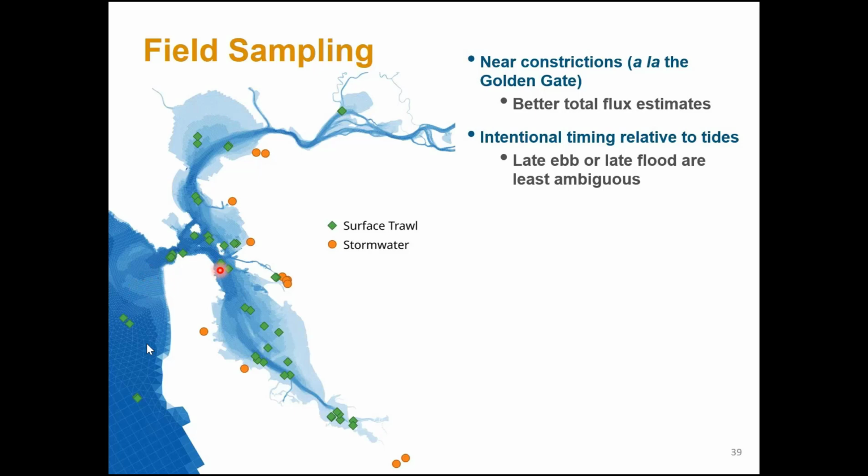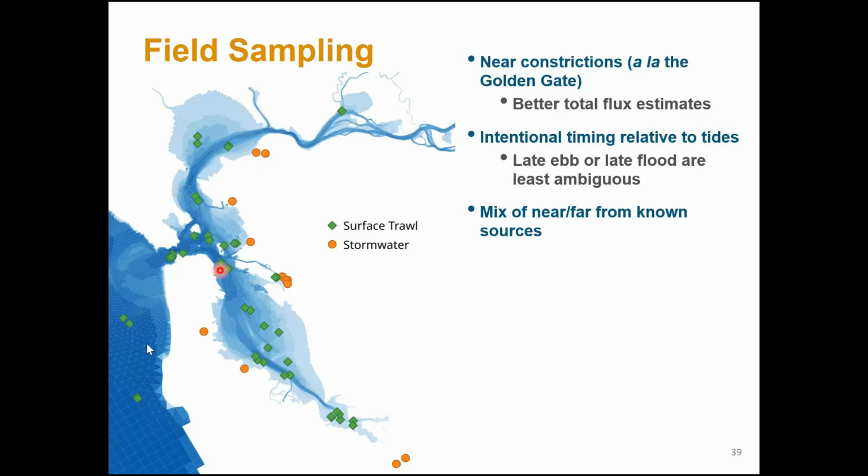And so having samples that are timed and placed to be the least ambiguous as possible was at least our goal. We also made a point to sample both near and far from expected sources of plastics.